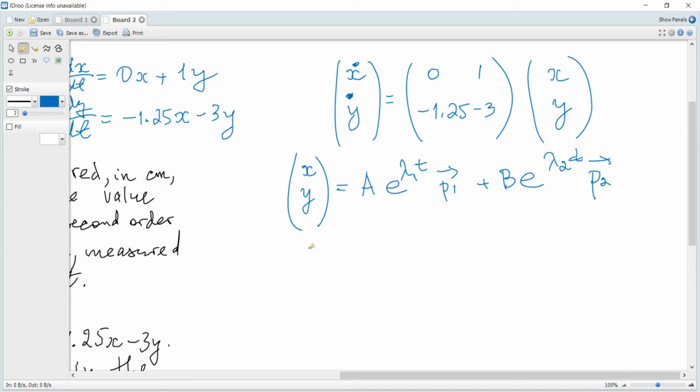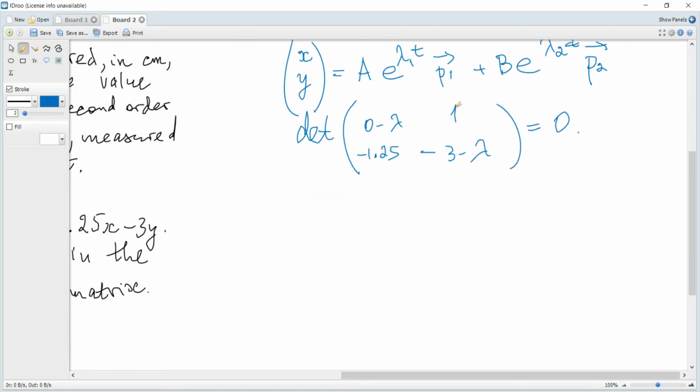How to find eigenvalues? We consider the determinant of the given matrix with minus lambda on the main diagonal, so it becomes 0 minus lambda, negative 3 minus lambda, 1, negative 1.25, and it is 0. What is the determinant? This product minus this product, so it's minus lambda multiplied by negative 3 minus lambda, minus negative 1.25 times 1, is 0.